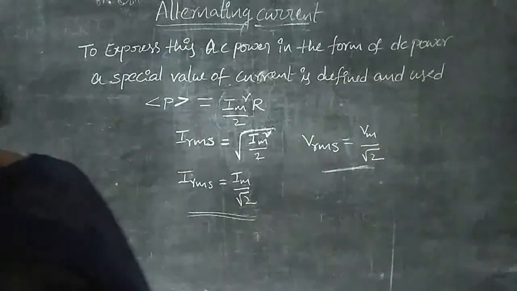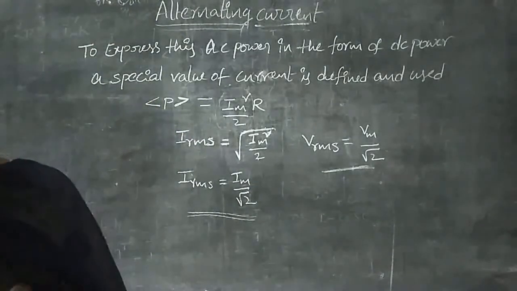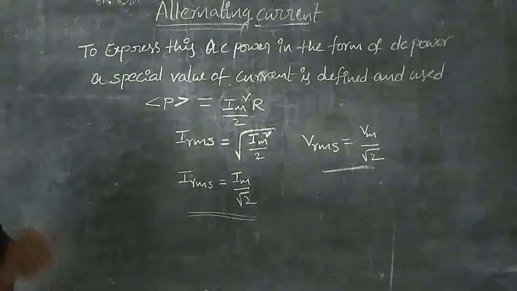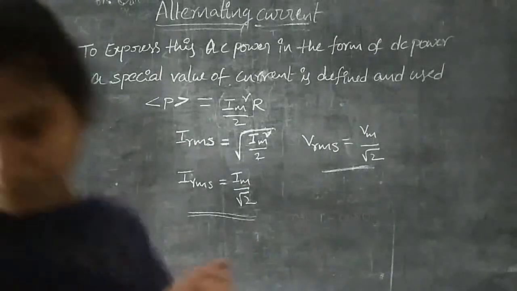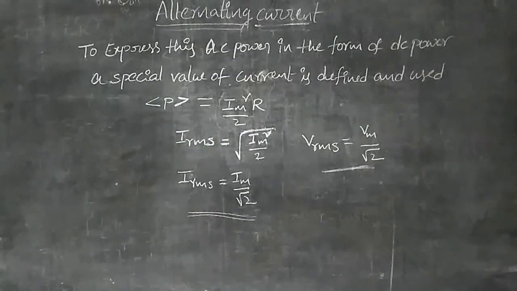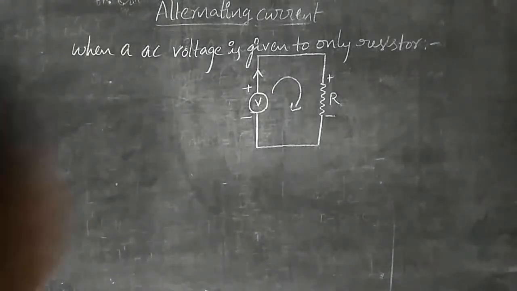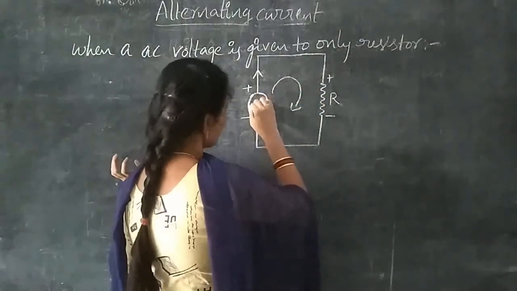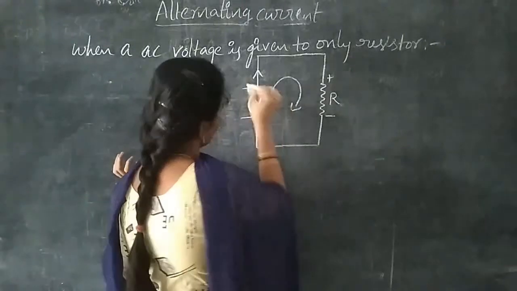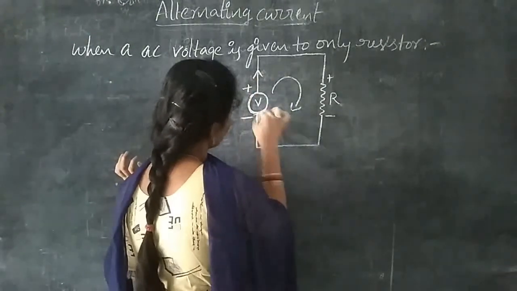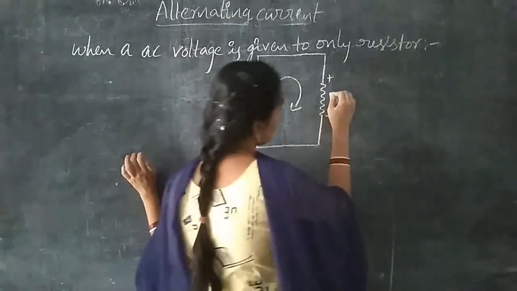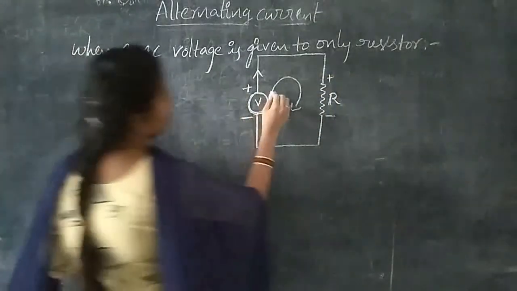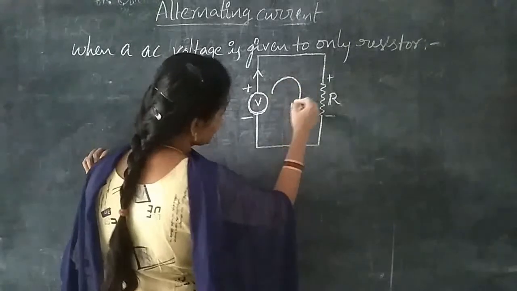Okay, after that, when an AC voltage is given to only a resistor, this is the voltage with positive terminal and negative terminal, and this is the resistor. This is the direction of the current.